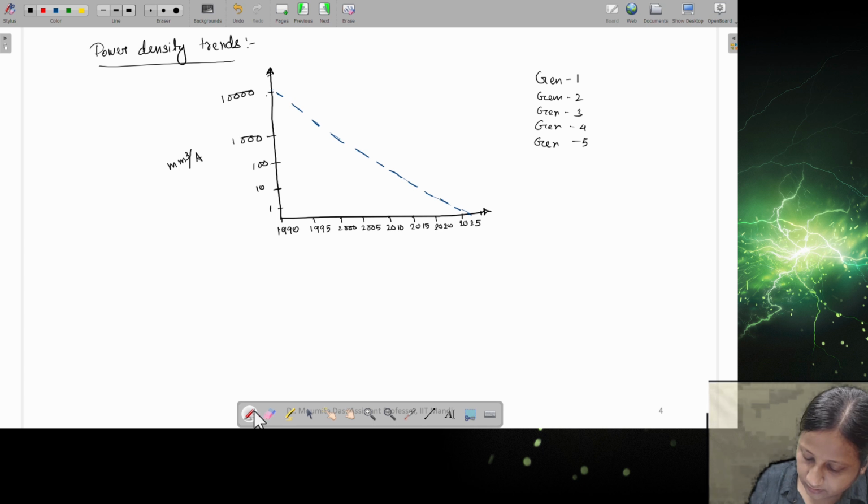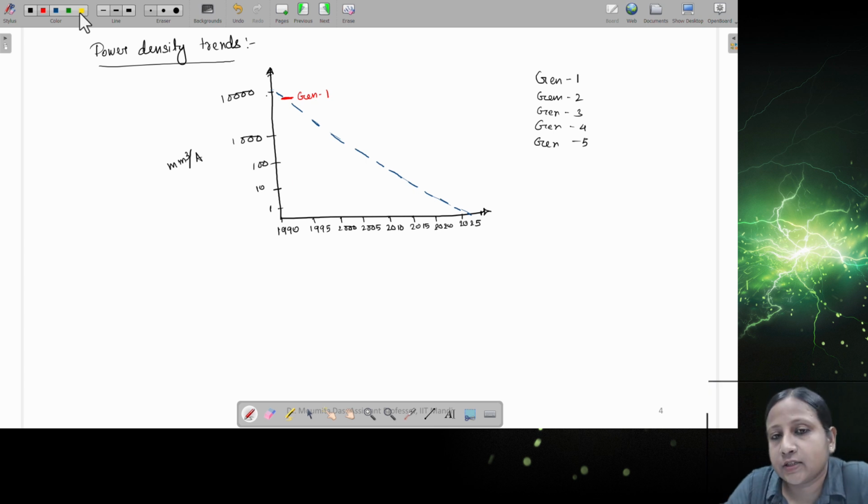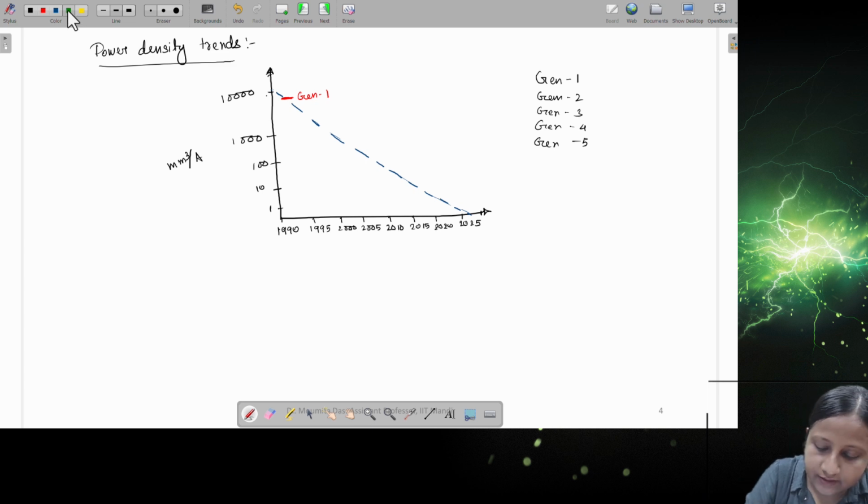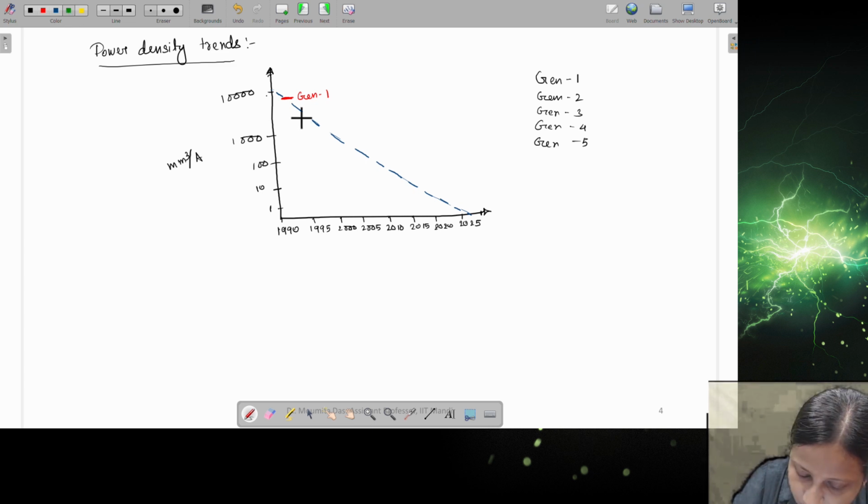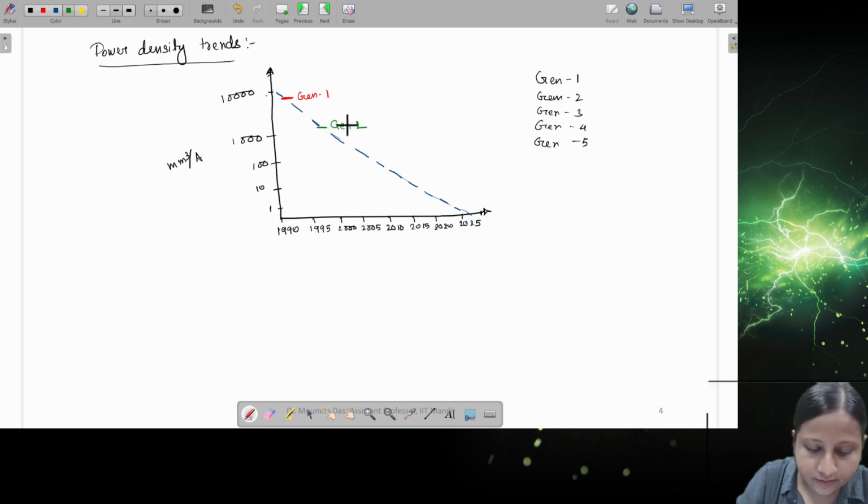Okay, now let me just use a different color. So here this line is with respect to generation 1. This is the first semiconductor device when we started using it. Then a modified device arrived, so then we are in generation 2, right?